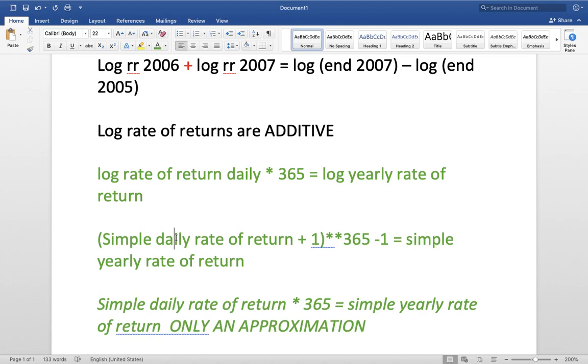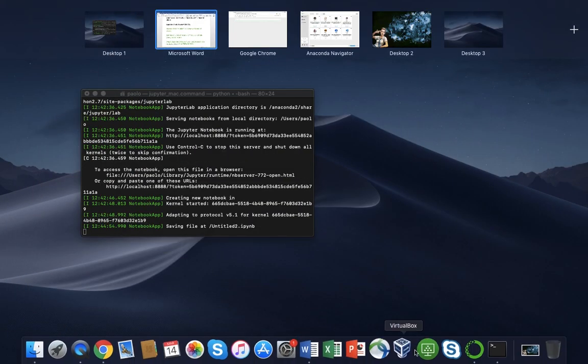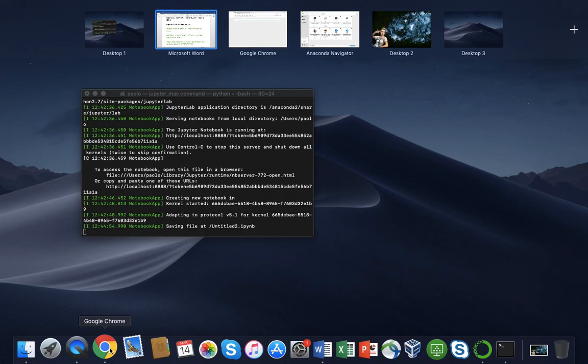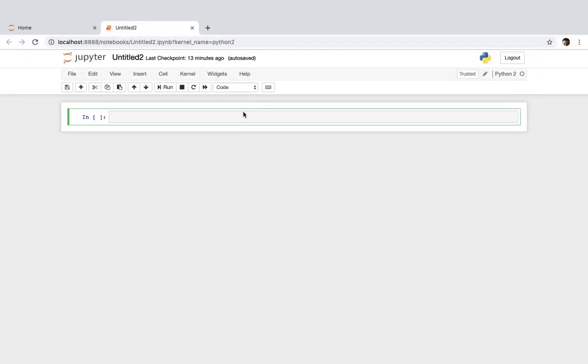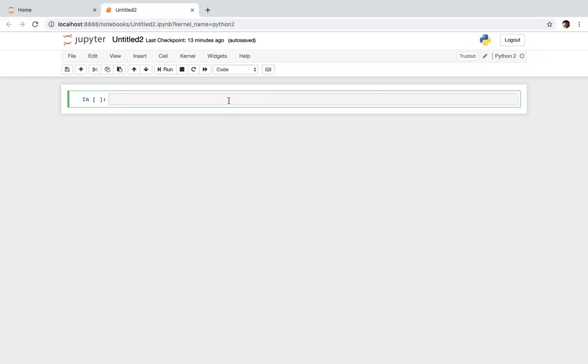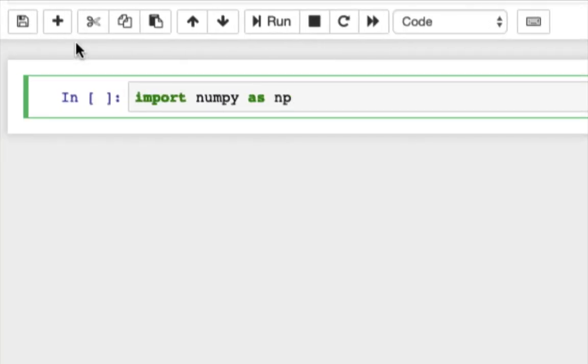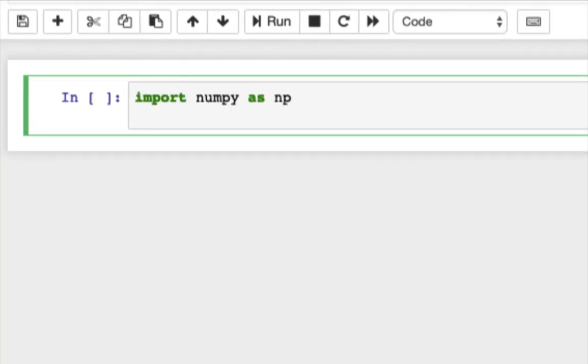Let's see now practically how to calculate this rate of return. I have here Anaconda. For this lesson we need to import, as usual, NumPy as np. Then from pandas data reader, import data as wb, as usual.